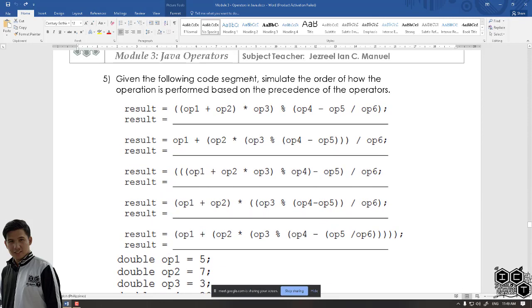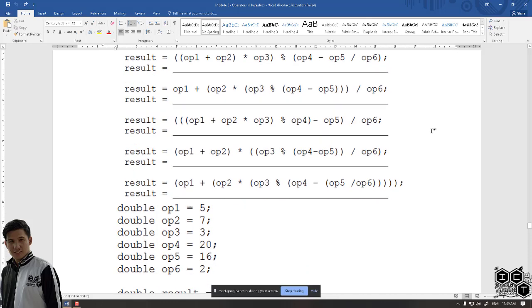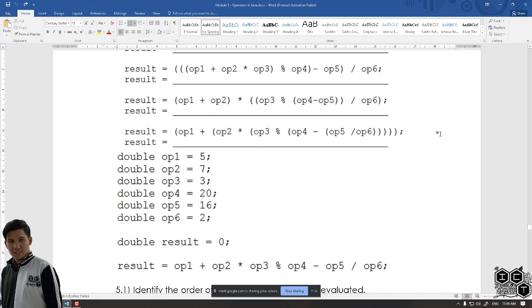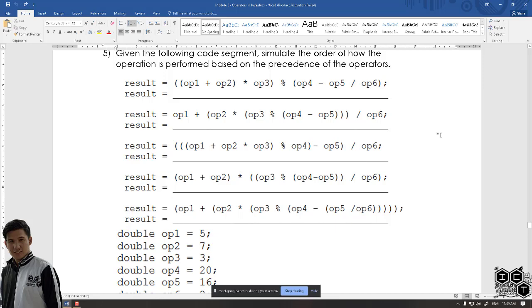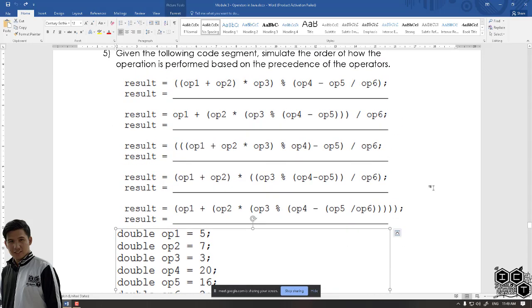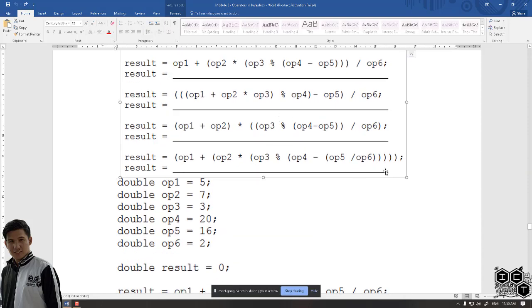Given the following code segments, simulate the order of how the operation is performed based on the precedence of the operators. Ayan siya. Ay, oo nga. Baliktad ko to. Dapat ito ang mauna.